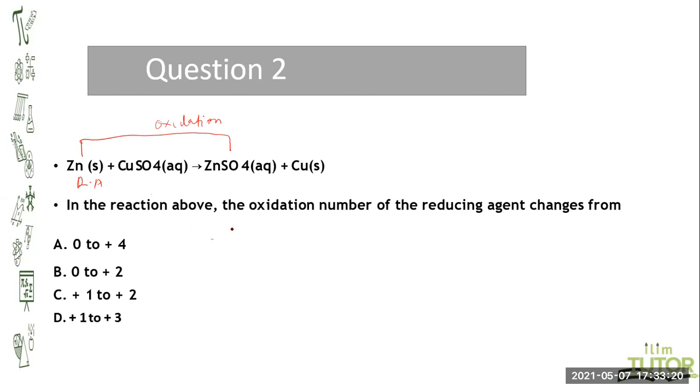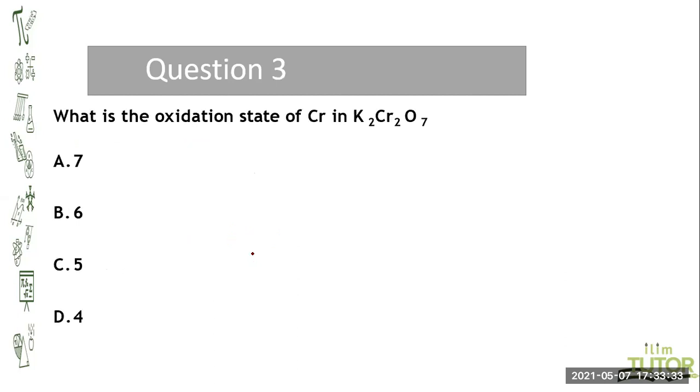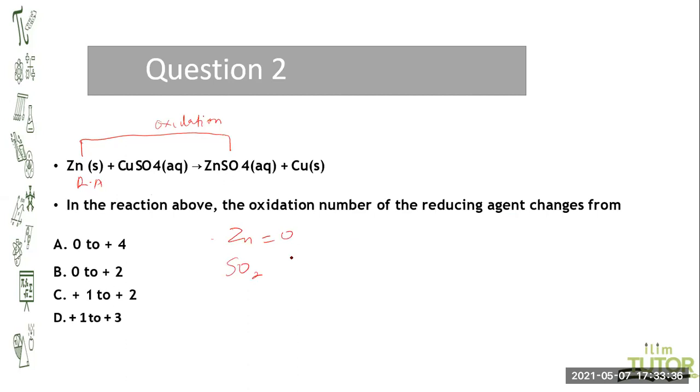Since zinc is in a free state, every element in a free state that does not have any charge has a total oxidation of 0. If I have something like this, SO2, since there is no charge on it, then definitely it is 0.